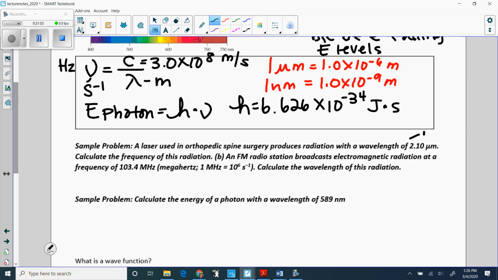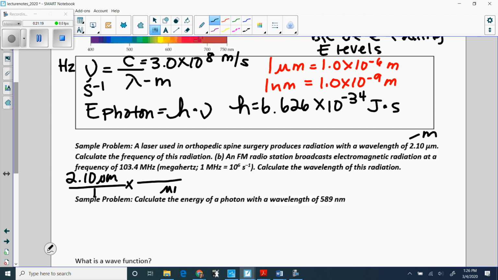So we need to convert that to meters. Calculate the frequency. So when we do our conversions, 2.10 micrometers over 1. Micro is like a backward U. Times 1.